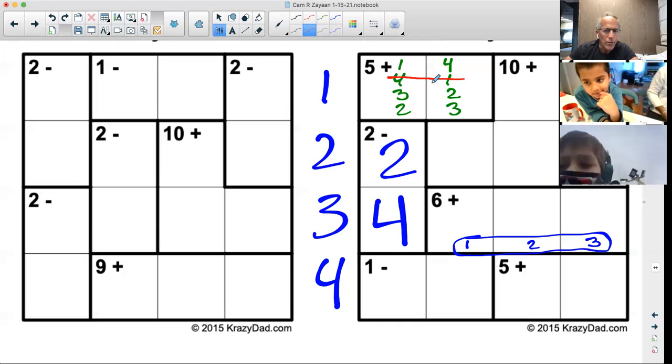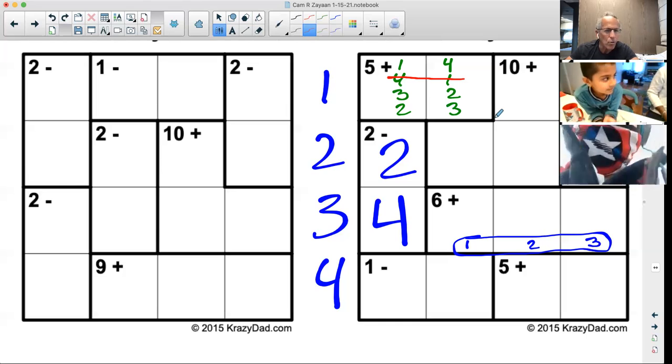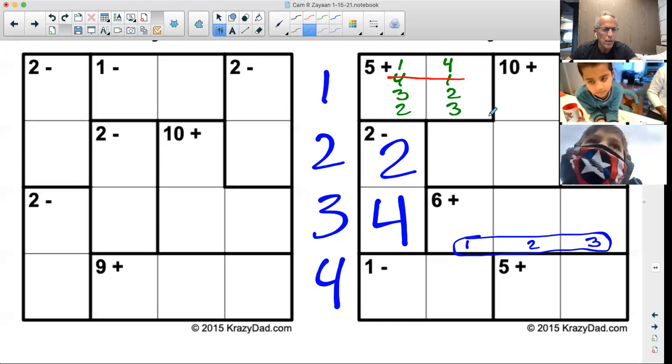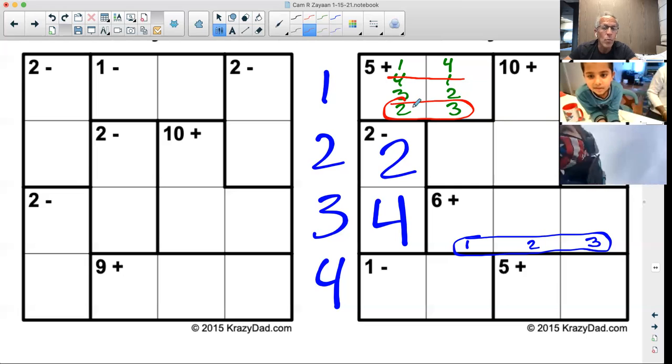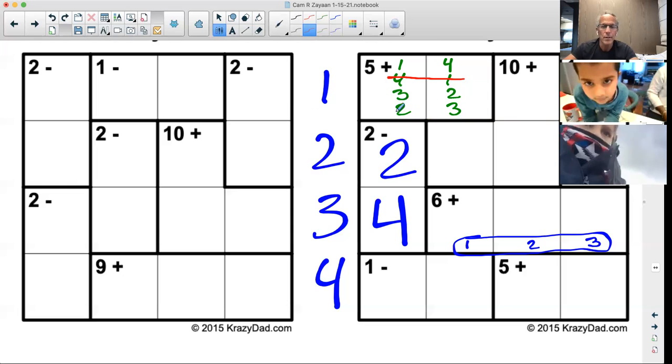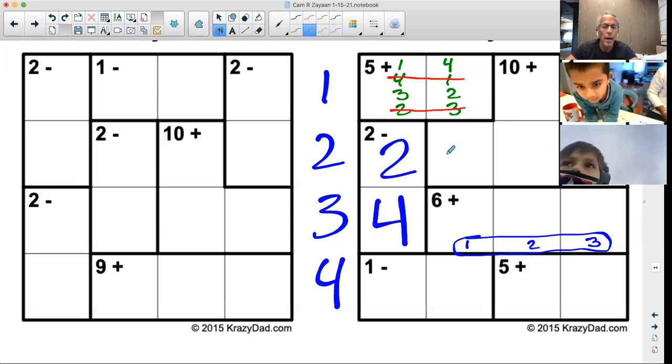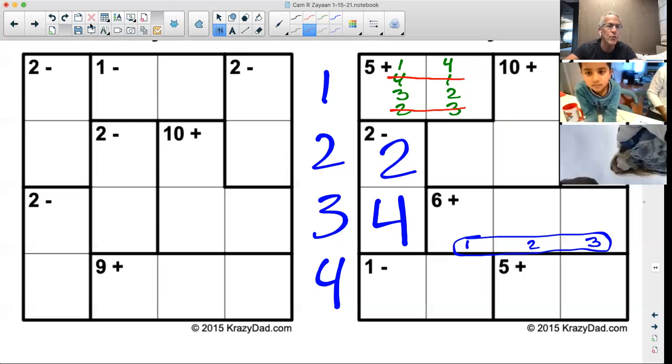So now listen, boys. There's one more that I can cross out. Zayaan, do you know which one it is? Are we allowed to have a 2, 3? No. Well, then that's the one. Why are you not allowed to have a 2, 3? Because if you put 2 here, there'll be 2 2s. So guess what? You have 2 choices, 1, 4 or 3, 2.